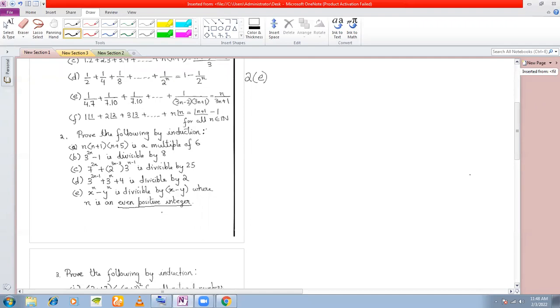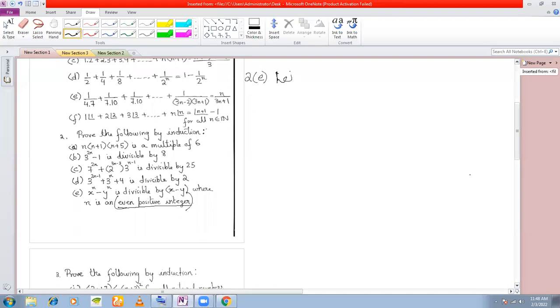Now, this is a problematic statement because till now we know that induction is only for statements dealing with natural numbers. Okay, so this even positive integer we will convert to any positive integer. Okay, let's see how.